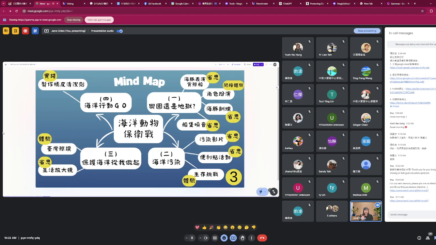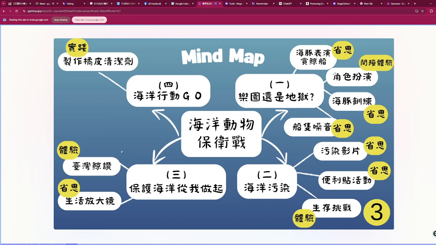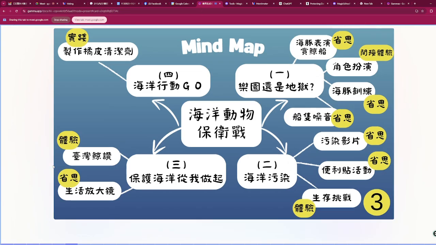One of the lessons is 海洋保卫战. So remember I said 体验性思实践. This is divided into 4 different lessons: 乐园还是地狱, 海洋第二, 海洋污染, 保护海洋从我做起, 海洋行动. So for the second lesson, for 体验, hands-on experience, take a look at what this group has come up with.